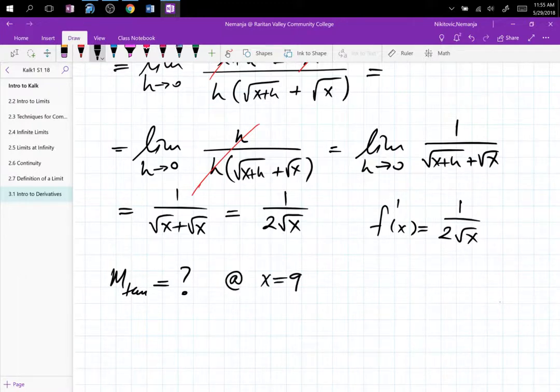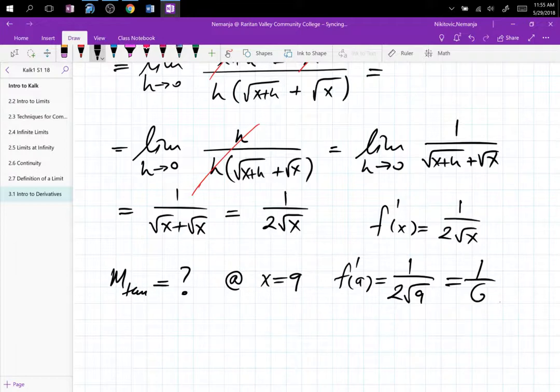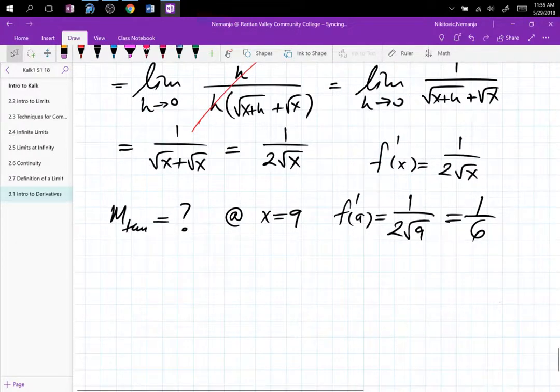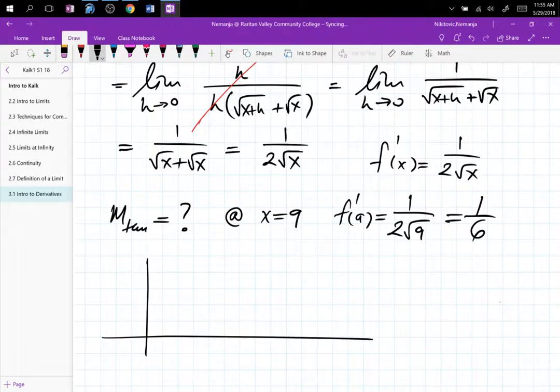What I have is f prime of 9, which is 1 over 2 root 9, which is 1 over 6. If you take a look at the graph of the square root function, this is 9.